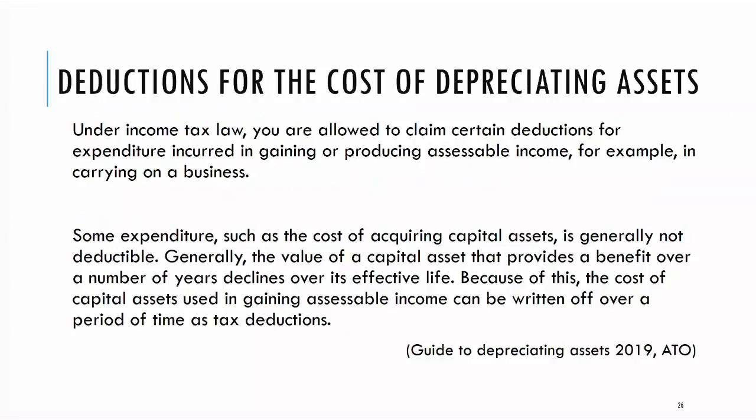Effective life. Deduction for the cost of depreciating assets. Under income tax law, you are allowed to claim certain deductions for expenditure incurred in gaining or producing assessable income, for example in carrying on a business. This is from the Guide to Depreciating Assets from the Tax Office. Some expenditures, such as the cost of acquiring capital assets, are generally not deductible.